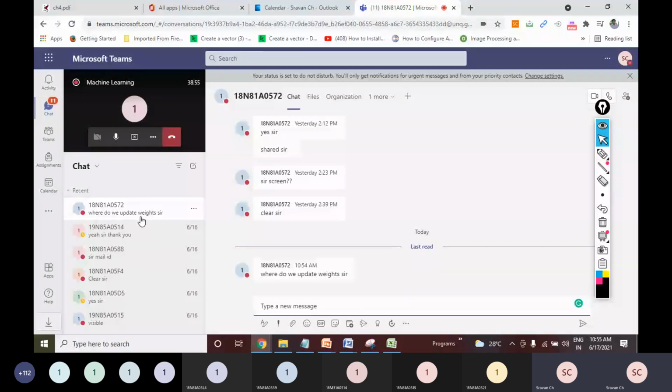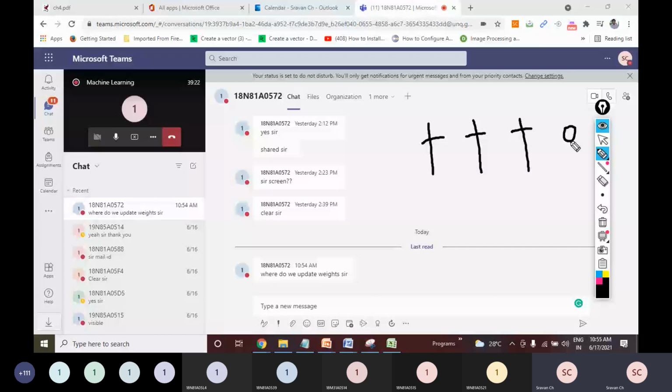Suppose I have a 3-layer network, this is my input layer. At 3 levels we will have weights, so we will update the weights at all 3 layers. When I get the error, I will update the weights here, here, and here. All weights at all layers will be updated. How it will be updated, that is gradient descent.